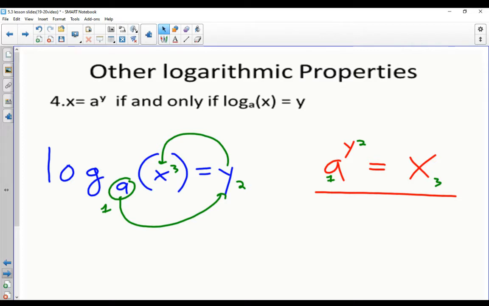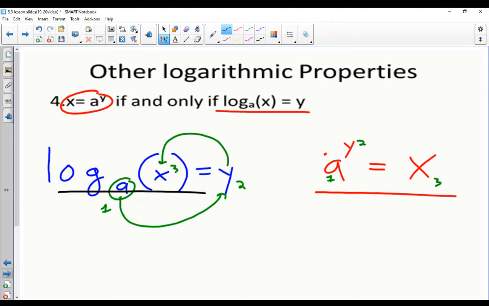And that's where this statement comes from: X is equal to A^Y if and only if you have log base A of X equals Y, which we do have over here. So that's just a refresher of the loop method if you need one. Now let me show you how to use it in an example where you have to solve.